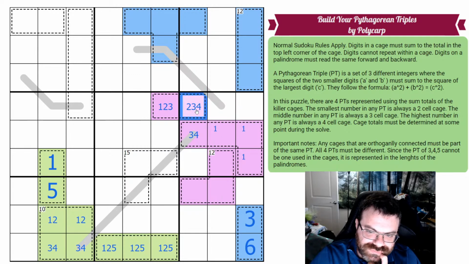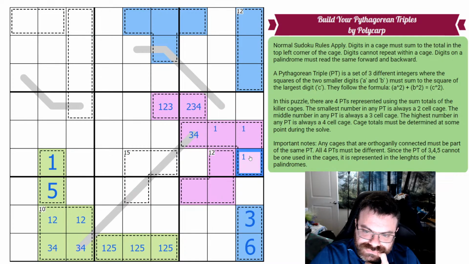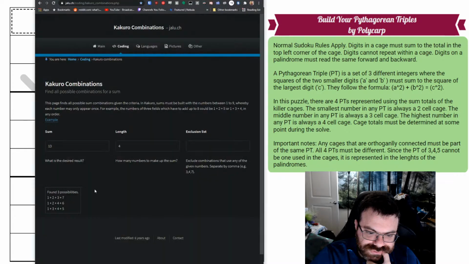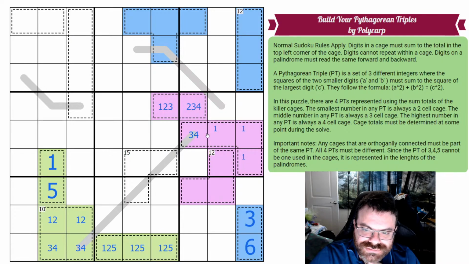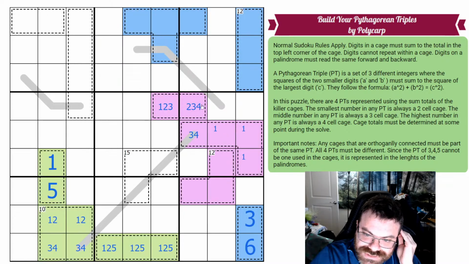Yeah, this would be 4. 1, 2, 4, 6. That would be a 3. So we always need 3 of 1, 2, 3, 4. So we have kind of a 1, 2, 3, 4 quadruple in the box, virtually. And then we've got a 5, 6, or 7 in here.